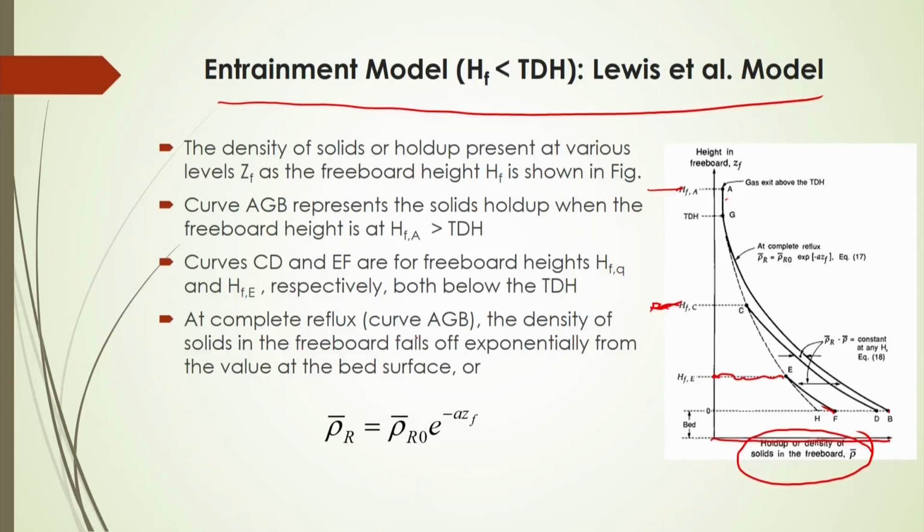At complete reflux, that is curve AZB, the density of solids in the freeboard falls off exponentially from the value at the bed surface.